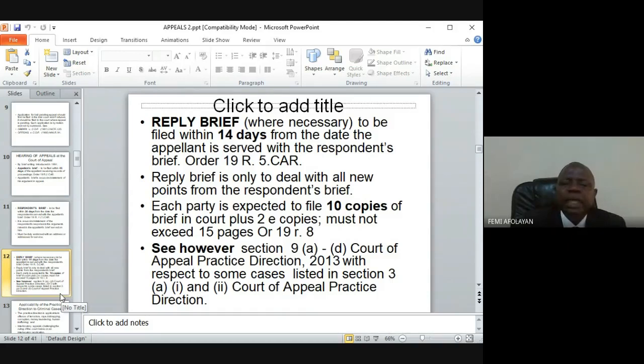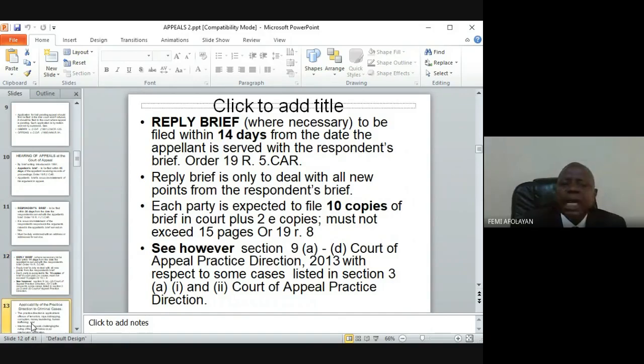We may also have to consider the effects of the Court of Appeal Practice Direction 2013, particularly Section 9A to D thereof, with respect to some cases that are covered by the practice direction.